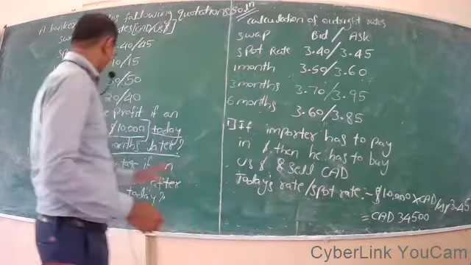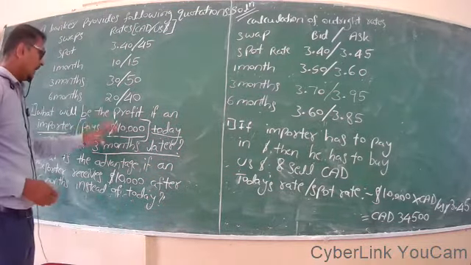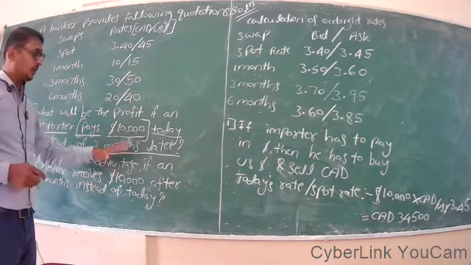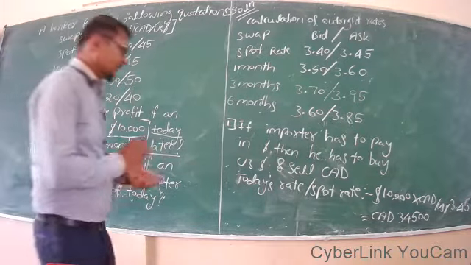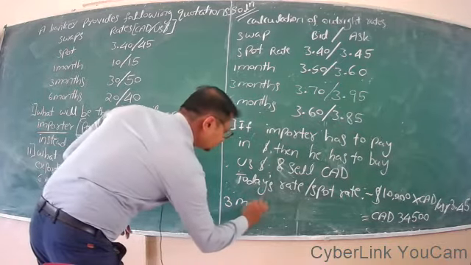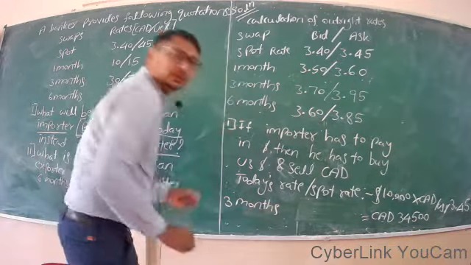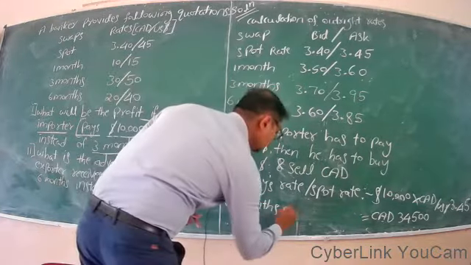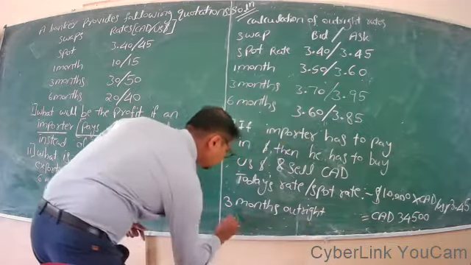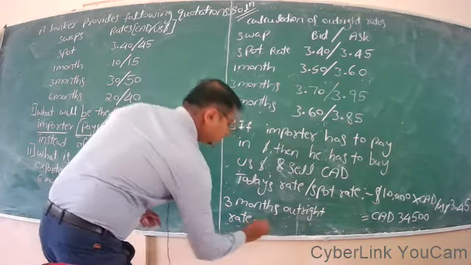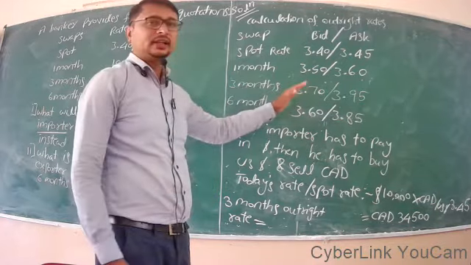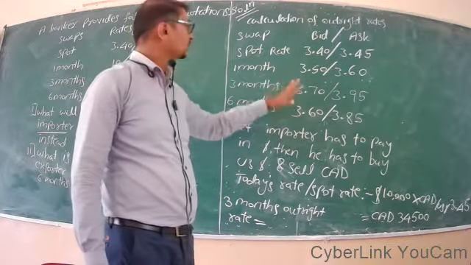Now they are asking, what happens if he buys $10,000 3 months later? For that we use the 3 months outright rate, which we have calculated in the first step of the solution itself.